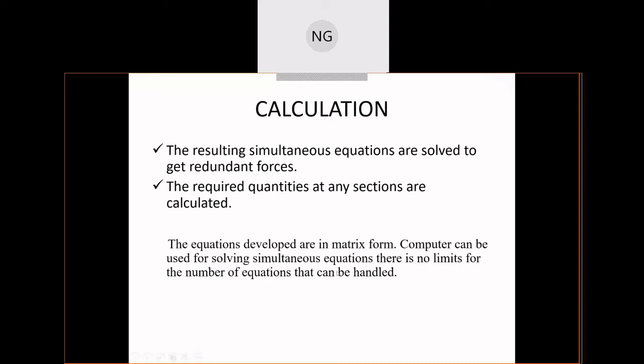There is no limit; n number of simultaneous equations can be solved. This method is known as the force, flexibility or compatibility method.